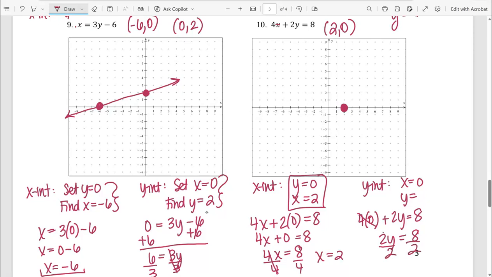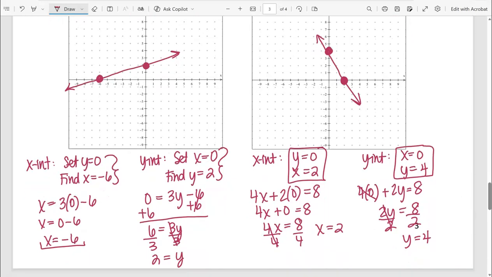Then to get y by itself, I divide by 2 on the other side, and I get y to be 4. Giving me a second ordered pair, 0 for x, 4 for y. 0 side to side, 4 up on the y-axis. Keep in mind, if it's an x-intercept, it should sit on the x-axis. If it's a y-intercept, it should sit on the y-axis.